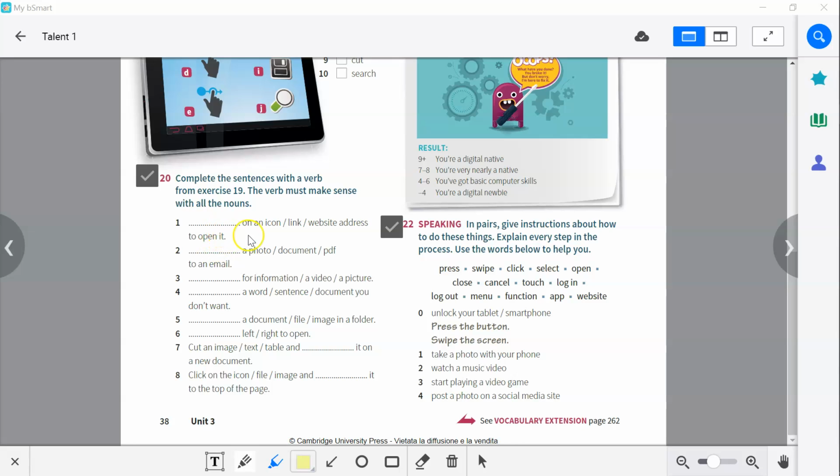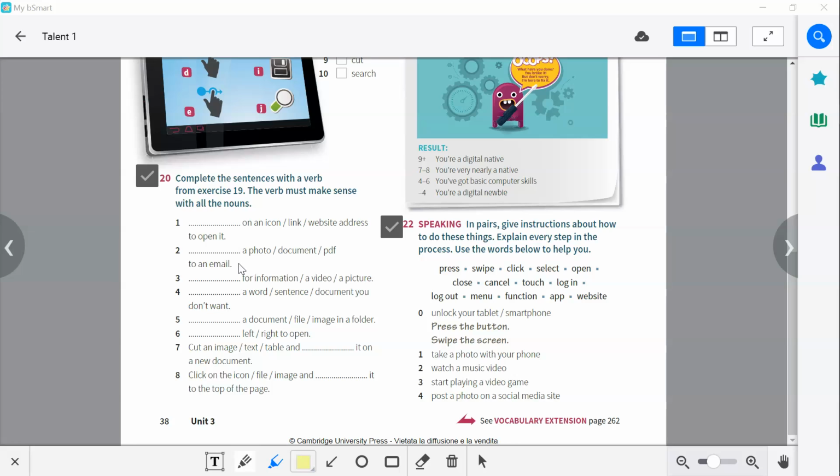Number 1, on an icon, link, website address to open it, the right verb is click. Okay, so we have click here, number 1. Number 2, a photo, document, PDF to an email.